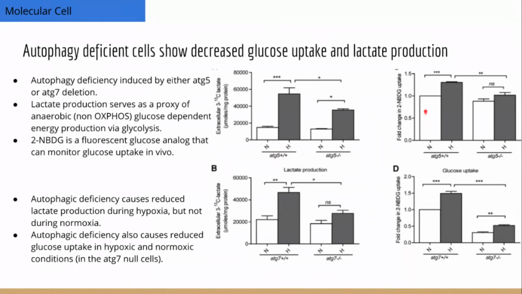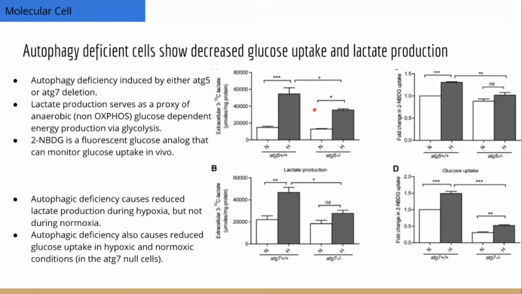And 2-NBDG is a fluorescent glucose analog that can be observed entering cells. So these two experiments were aimed at assessing the beginning stages of glucose entering the cell, over here, sorry. So looking at the beginning of glucose metabolism, where it just enters. And then they're looking at the result of glucose metabolism, which is lactate production. So they have the beginning and the end.